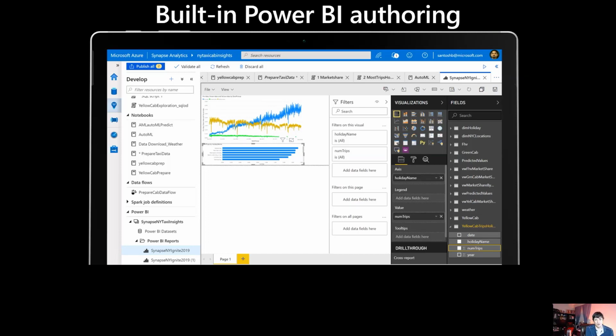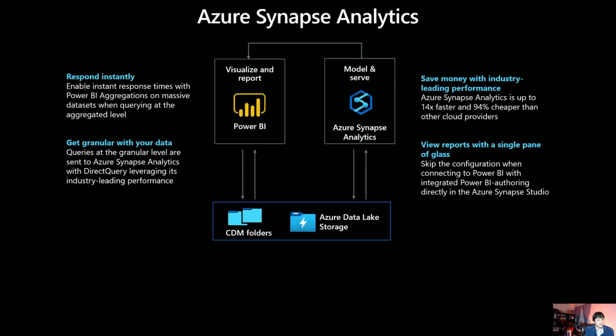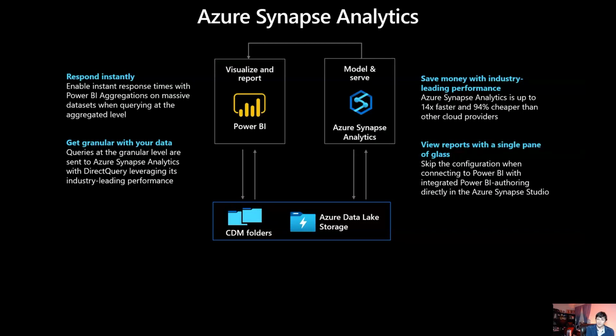But the integrations we're doing with Power BI go well beyond just the UI. They go much deeper into the core of the product. These teams have been working together for a long time now, trying to integrate the two products at more than an engine level. We're constantly optimizing the types of queries that come from direct query and Power BI to make sure they run as fast as they possibly can on the Synapse engines, and vice versa.